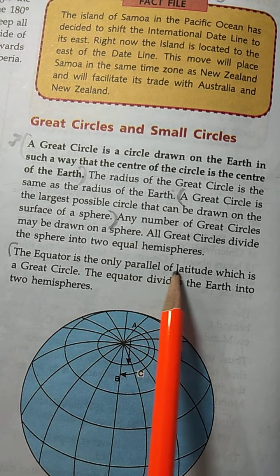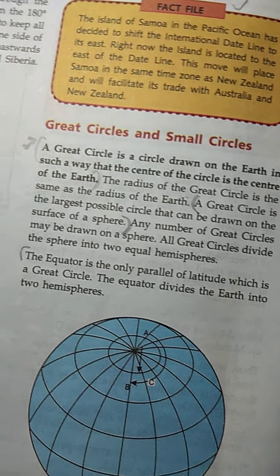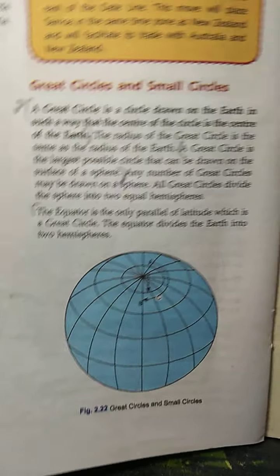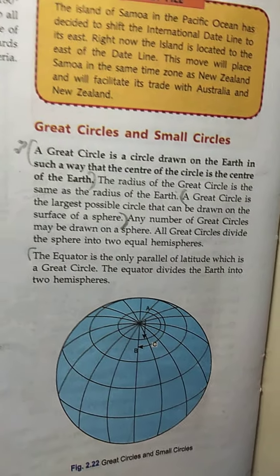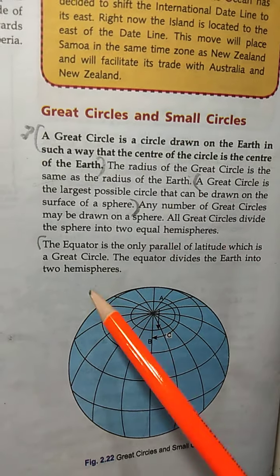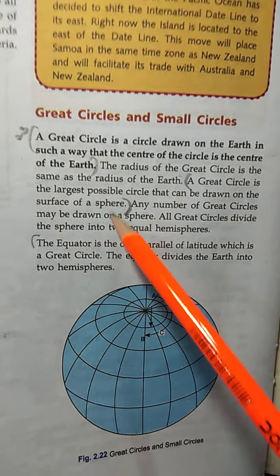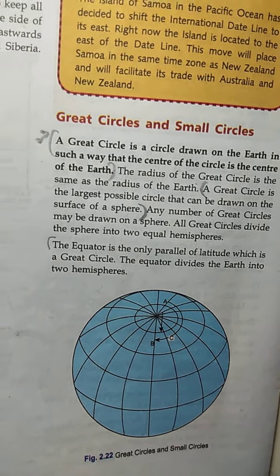The equator is the only parallel of latitude which is a great circle. The equator divides the earth into 2 hemispheres, and the center of the equator is also the center of the earth. So since the definition of the great circle satisfies the definition of the equator, therefore the equator is the only parallel of latitude which can be called a great circle.